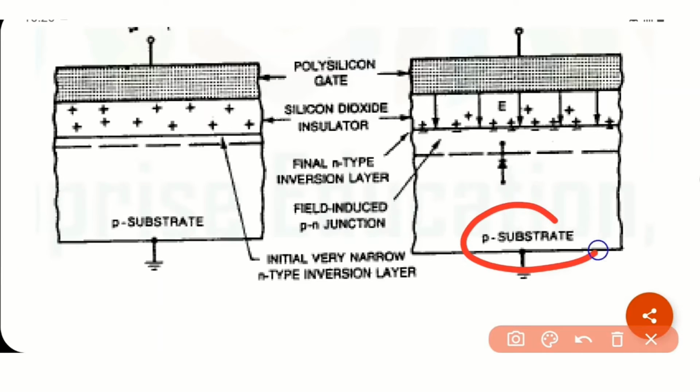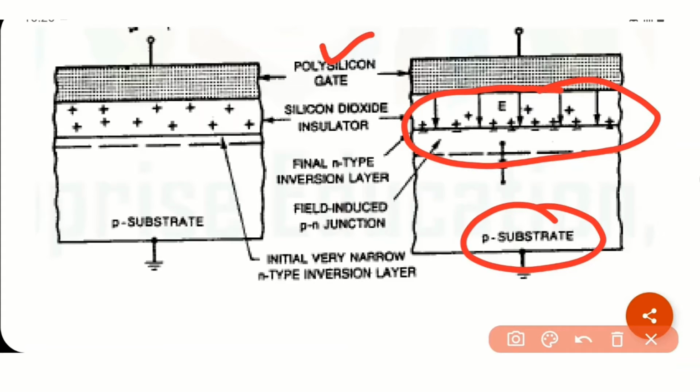So you are having this P substrate, and here the inversion layer is being formed. All these are the layers in the MOS. We have the polysilicon gate, the silicon dioxide, that is the insulator, and this is the inversion layer being formed, a field induced PN junction, and an initial very narrow inversion layer.